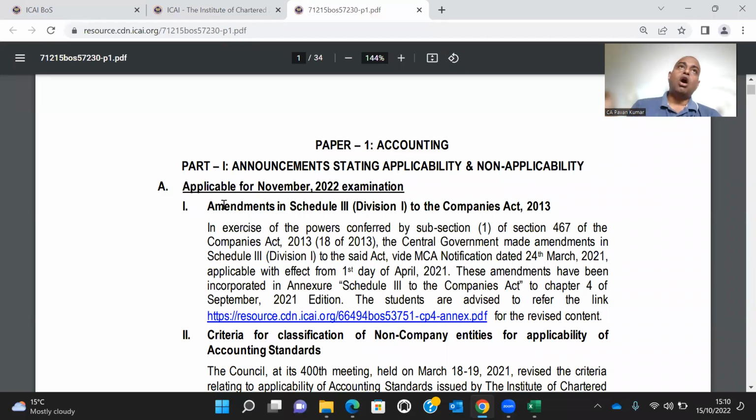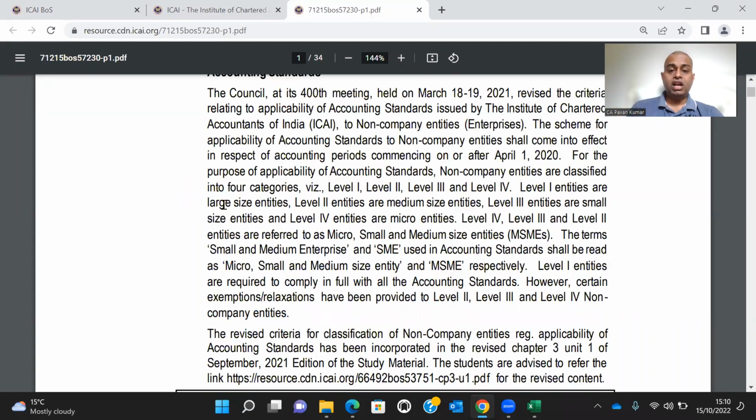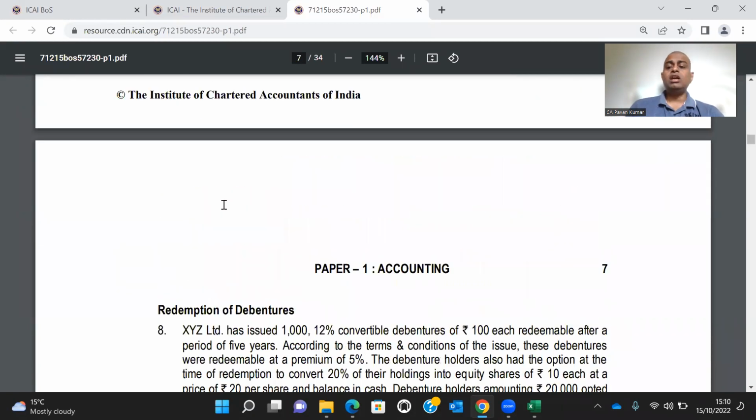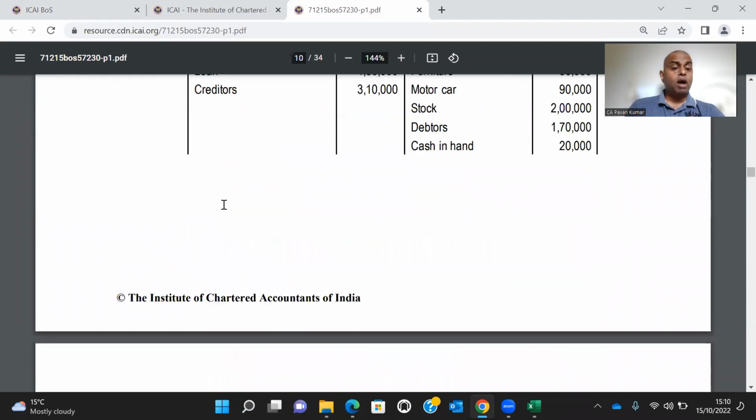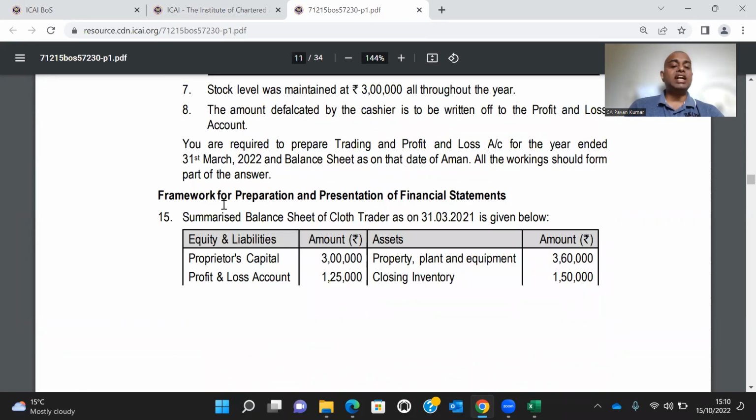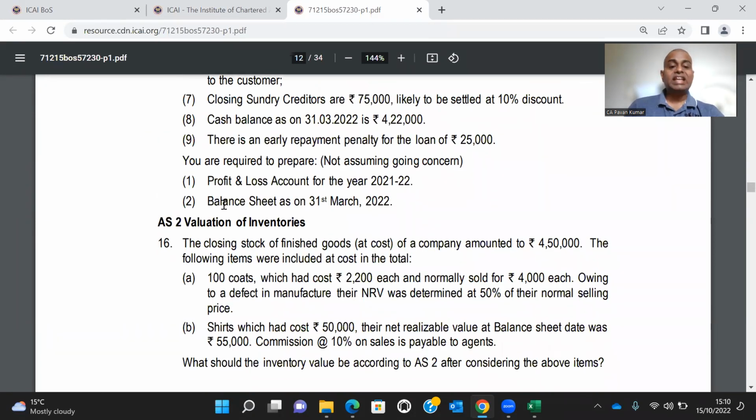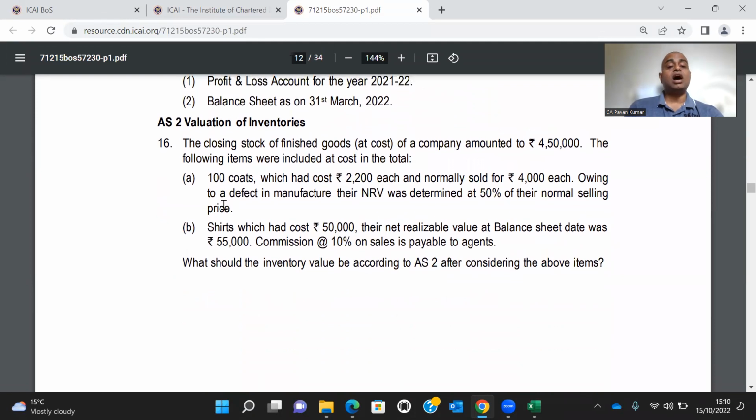You can download all four subjects of Group 1 from a single click, or download individually subject wise. So this is for accounting. I think problem number 16 onwards, it is accounting standards.